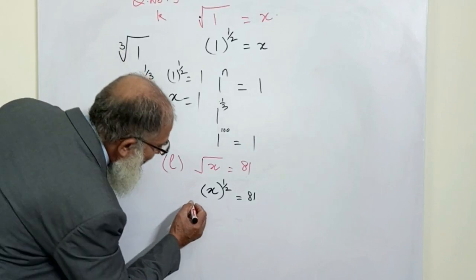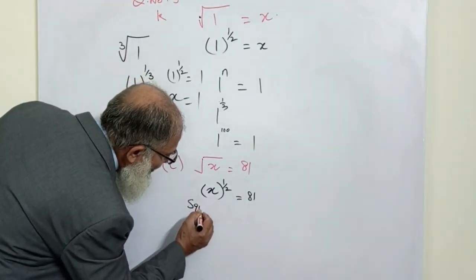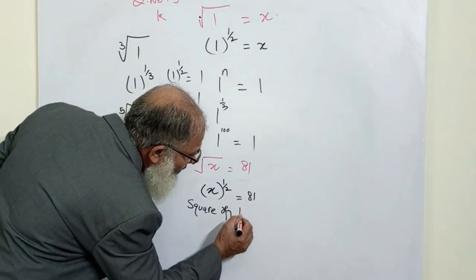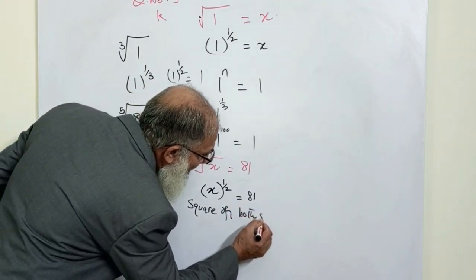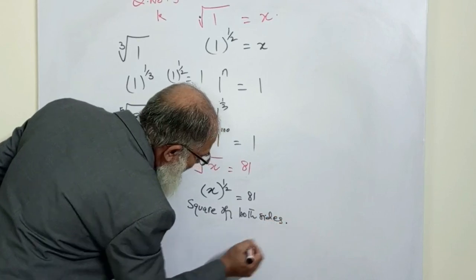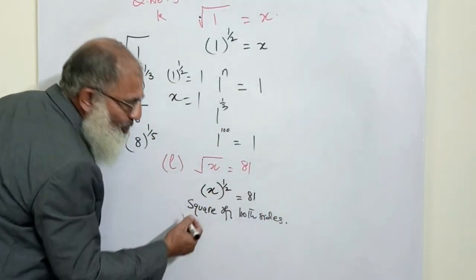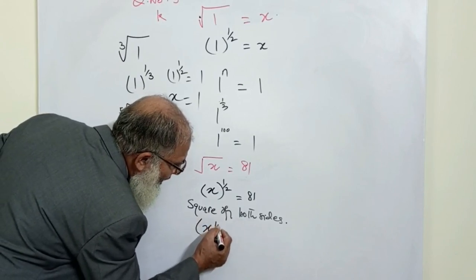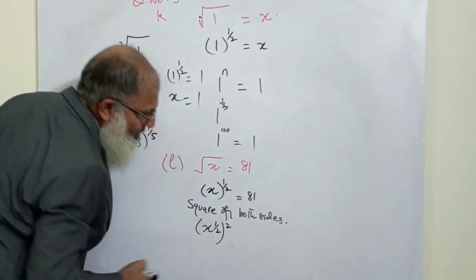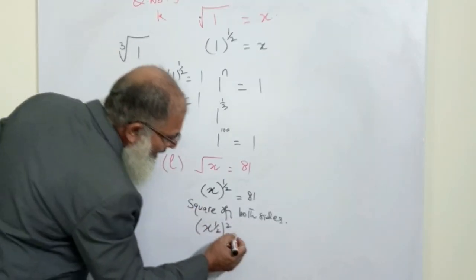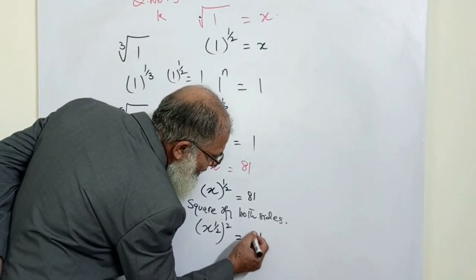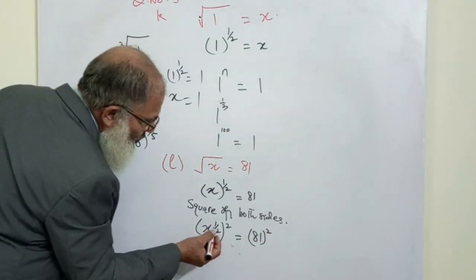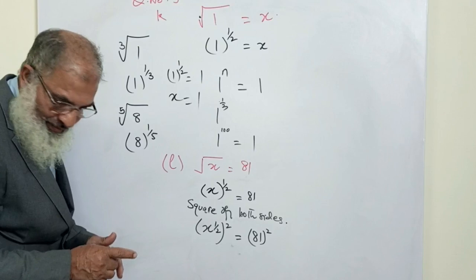Now what do I do? I just square on both sides. Now squaring both sides, what happens to this equation is x to the power half, squared, is equal to 81 squared.